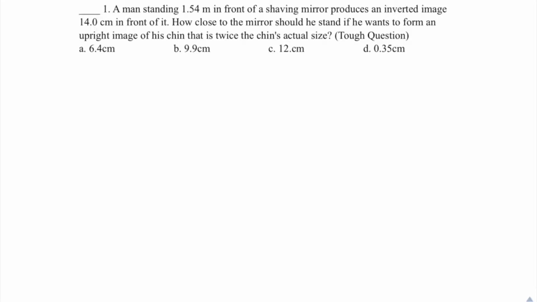So what can we solve for to get us a step closer to the answer from the information that we're given? Well, we're given both the distance of an image and the distance of an object. So using that information, we can solve for the focal length. So we will use our thin lens equation: 1 over the focal length is equal to 1 over the distance of the object plus 1 over the distance of the image.